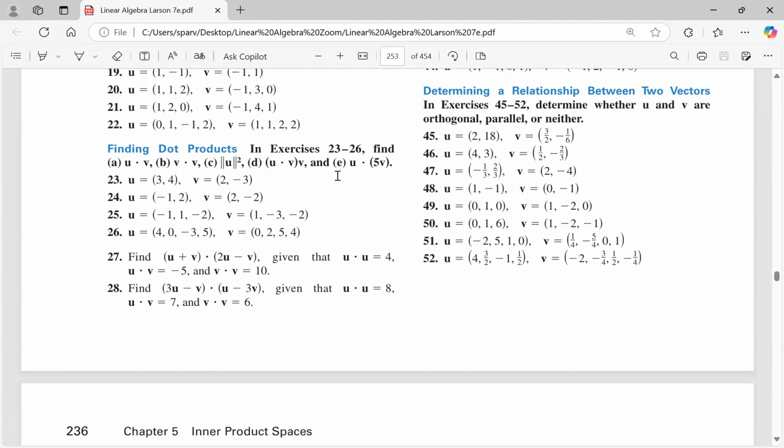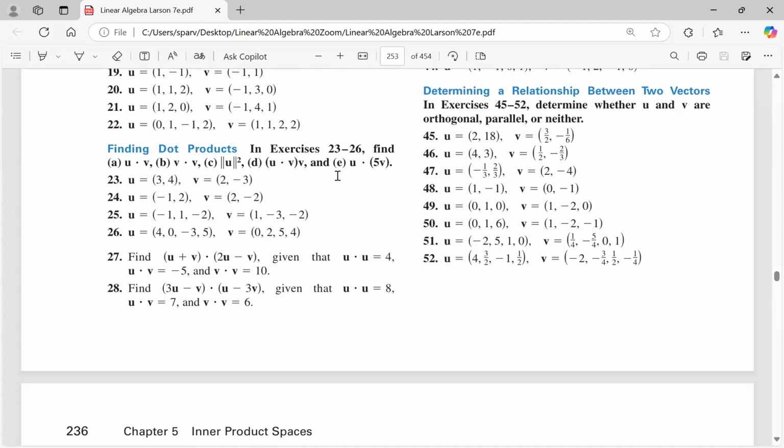Okay, the question, part A, we want u dot v. In part B, we want v dot v. In part C, magnitude of u squared.